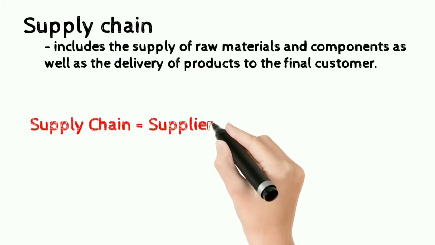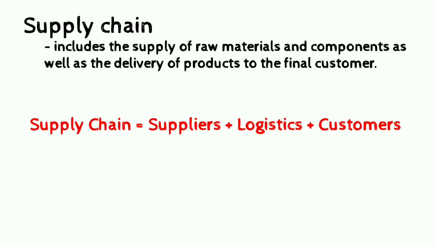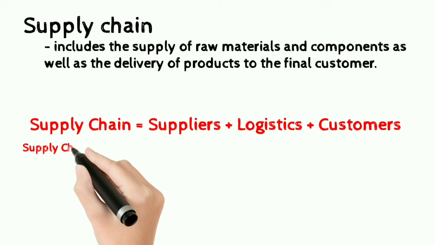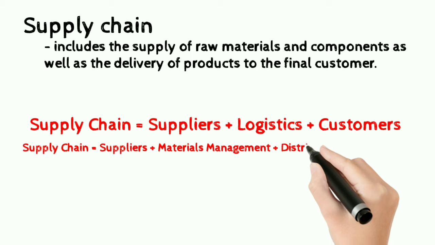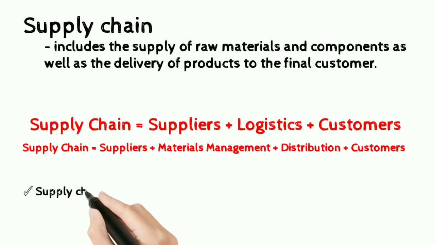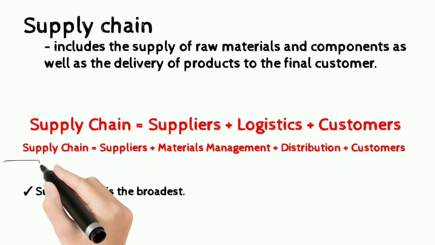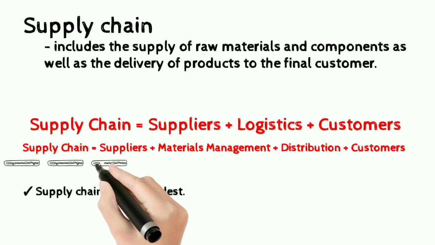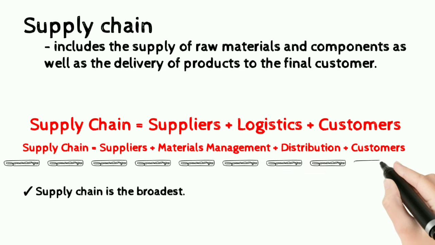Supply chain is the sum of suppliers, logistics, and customers. If logistics is broader than distribution, supply chain is broader than logistics. So among the three, supply chain is the broadest because it doesn't just include logistics, it also includes suppliers and customers.